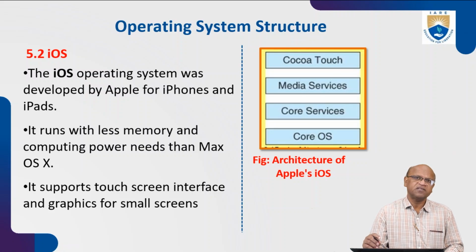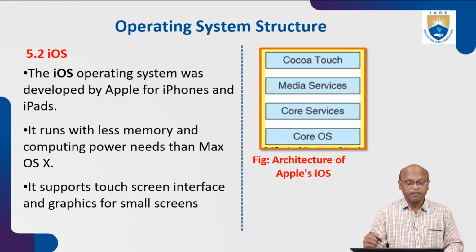So iOS means iPhone operating system. The iOS operating system was developed by Apple for iPhones and iPads. It runs with less memory and computing power needs than Mac OS. It supports touch screen interface and graphics for all screens. This is the architecture of iOS.